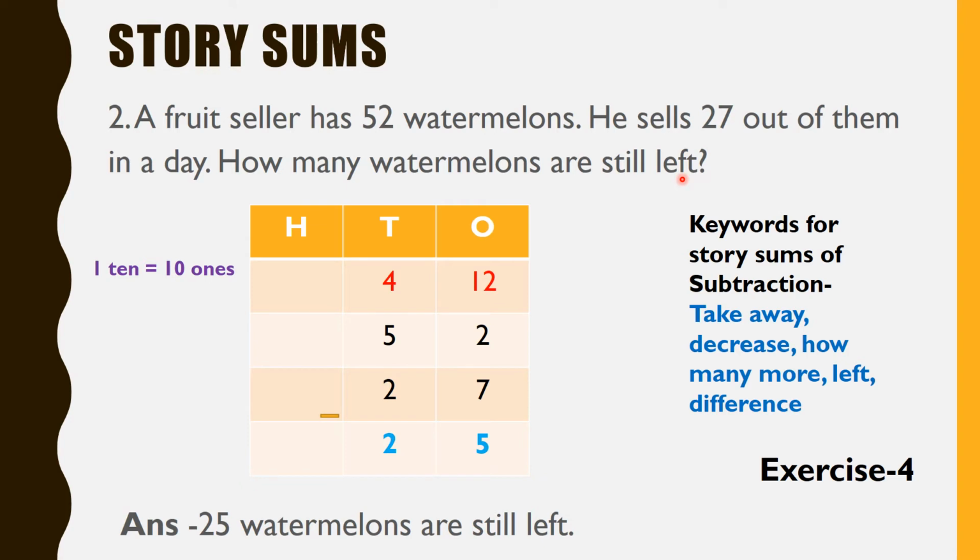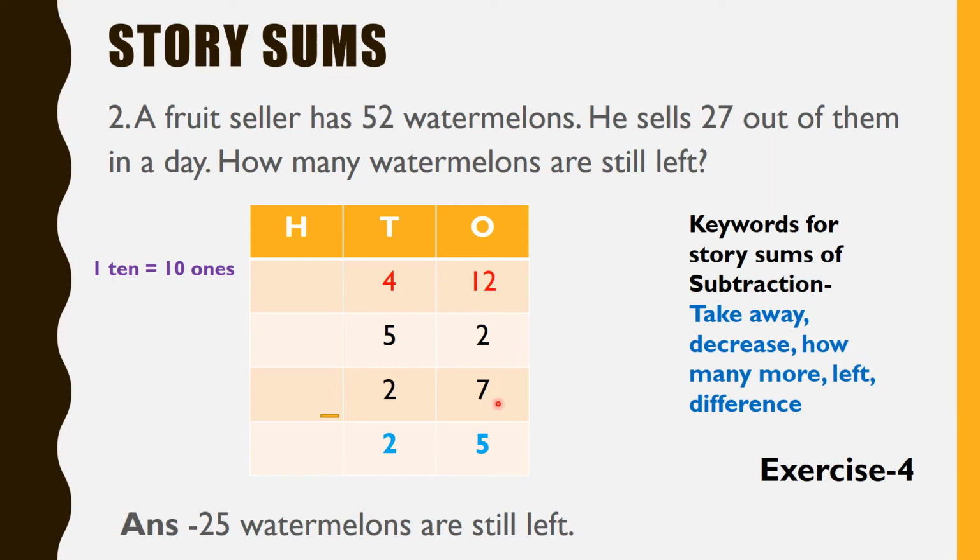Now as you all know, you have to write the answer in this format. Now 52 watermelons minus 27 watermelons. Again, you have to observe the values in the ones place, those are 2 and 7. Here also you can see that 2 is less than 7.